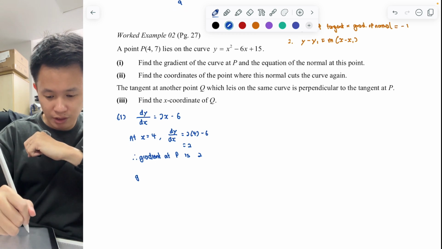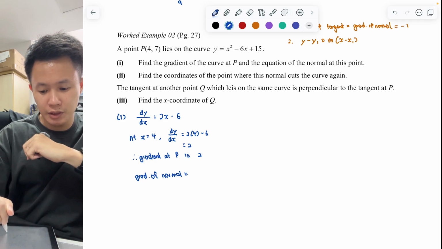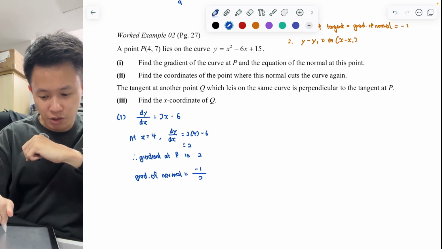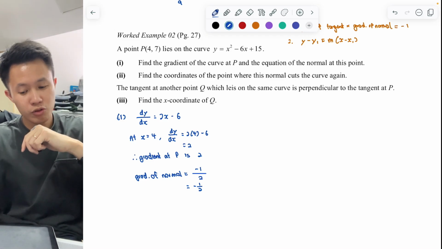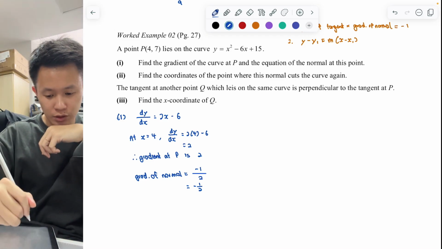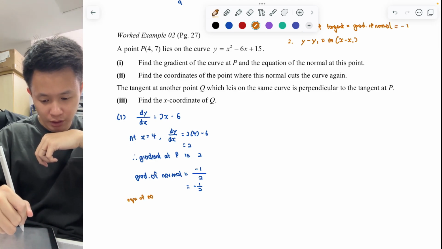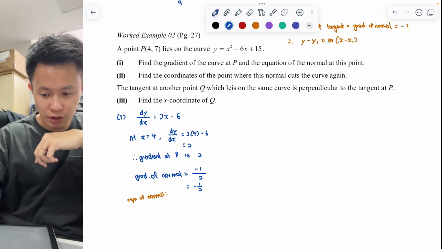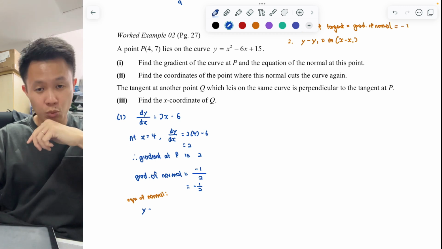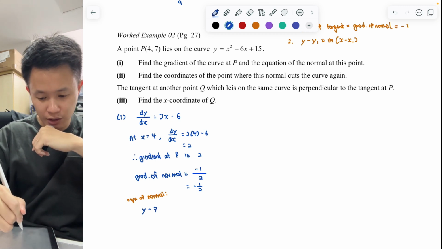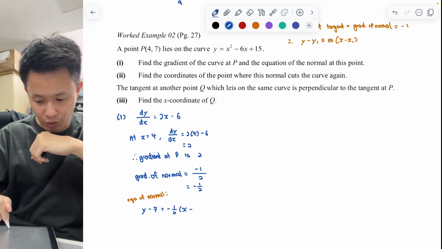The first step is that the gradient of the normal will simply be -1 divided by the gradient of the tangent, which is 2, giving us -1/2. Now the normal also passes through point P. The equation of the normal would then be y minus y1, where y1 is the y coordinate of point P, which is 7, equals -1/2 times x minus 4.